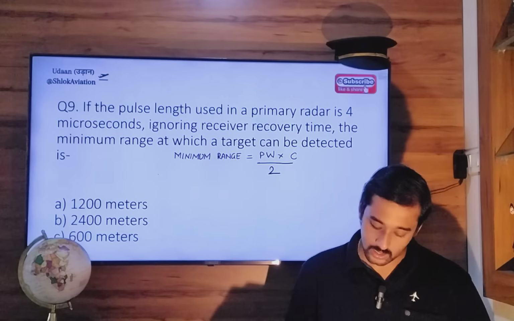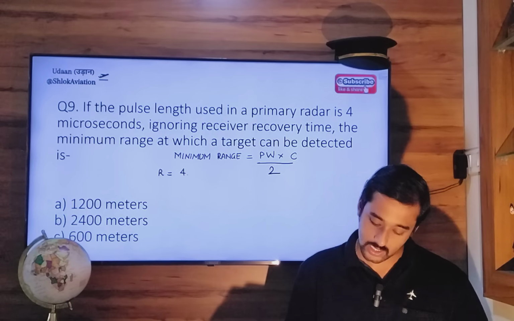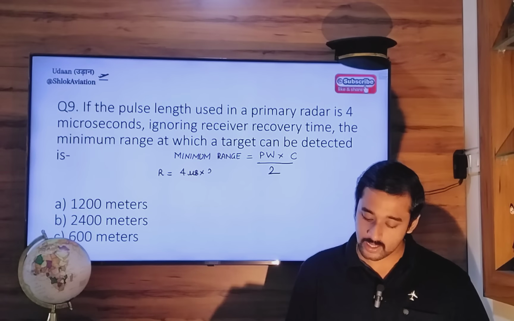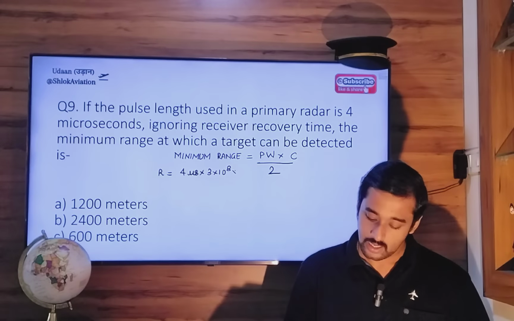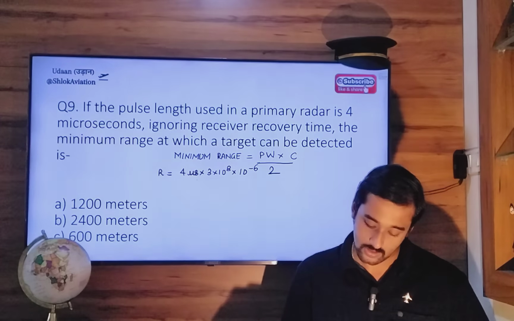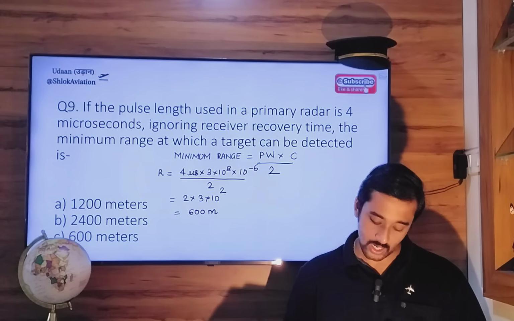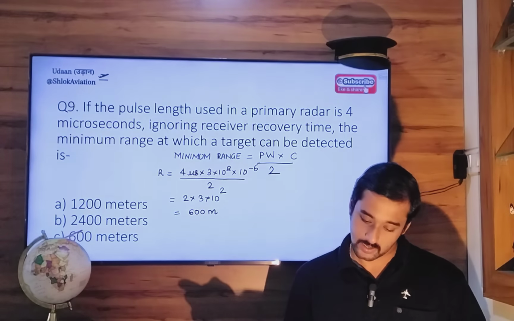That is 4 microseconds, into 3 into 10 raised to 8 meters per second, into 10 raised to minus 6, to convert microseconds into seconds, divided by 2. So 2 into 3 into 10 raised to 2. That is 600 meters. Option Charlie, 600 meters.